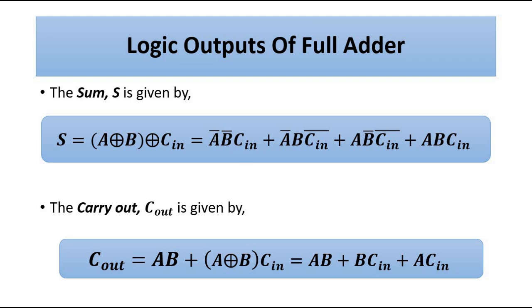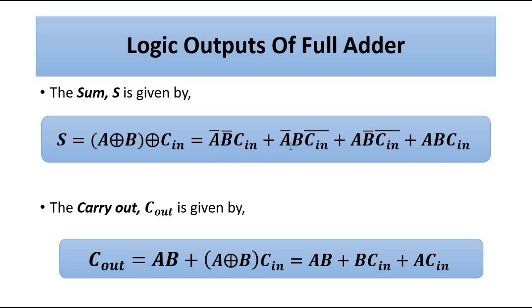When I say A bar B bar Cin, it means A bar and B bar and Cin, because the product in Boolean algebra stands for AND, and the plus sign stands for OR.